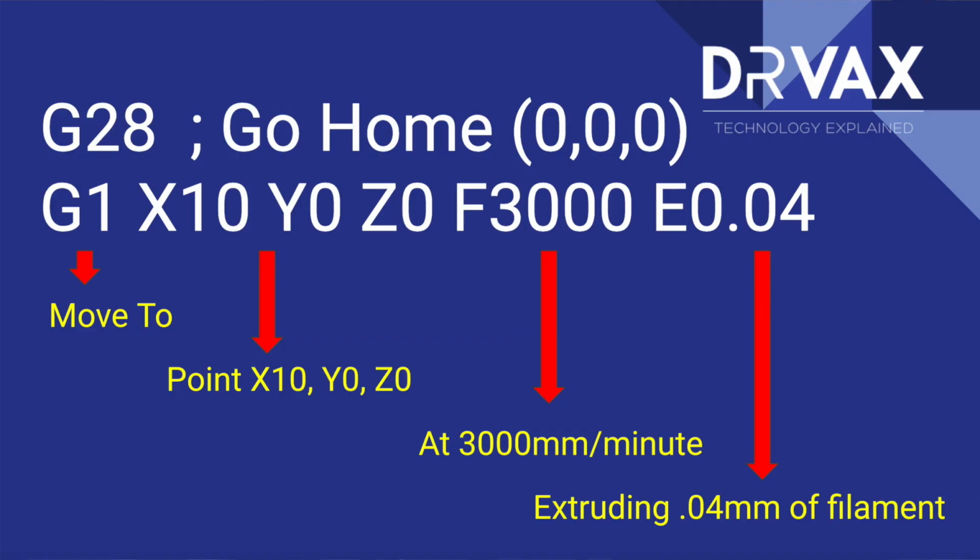And over that distance, it's going to extrude 0.04 millimeters of filament. So you've just seen all of the magic of G-code. You're at a given point, you tell the printer to move to another point and extrude some plastic.